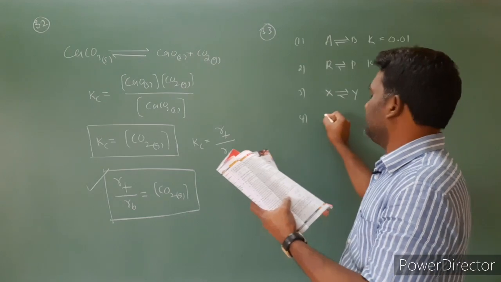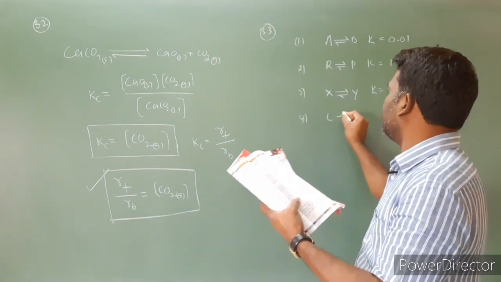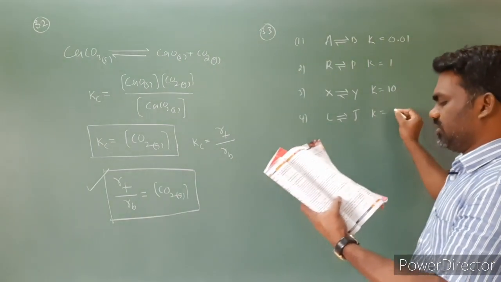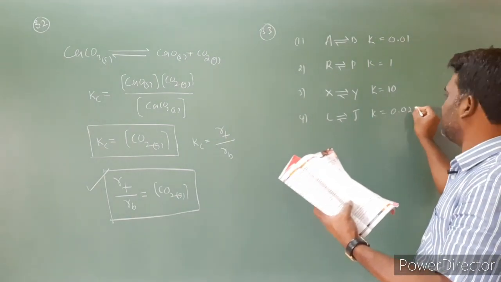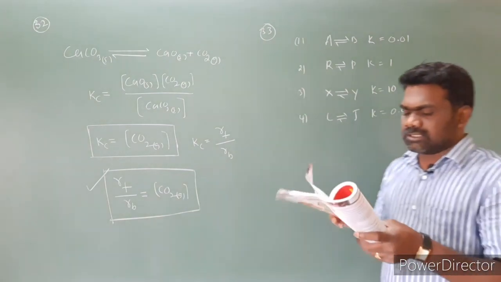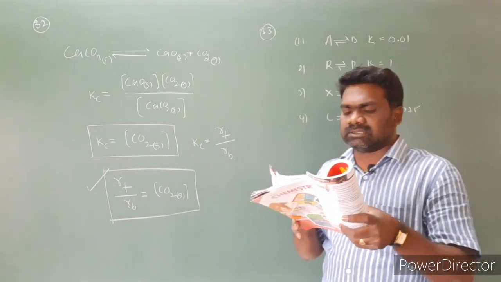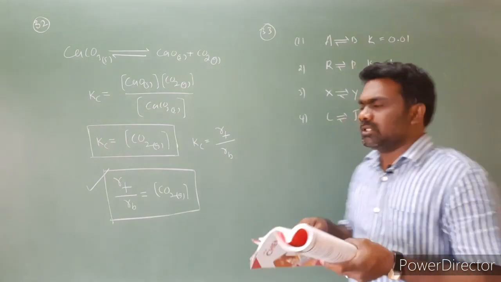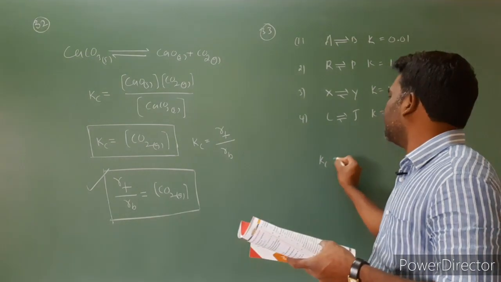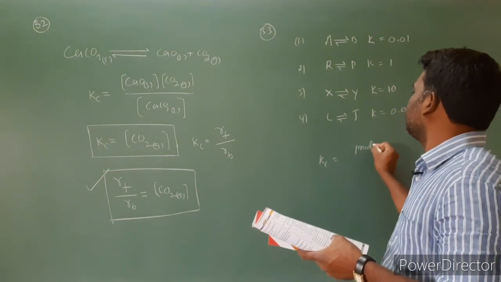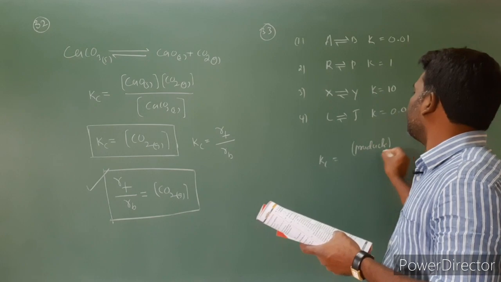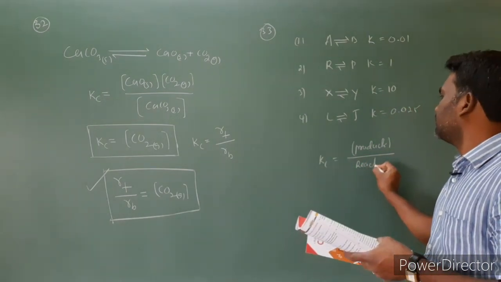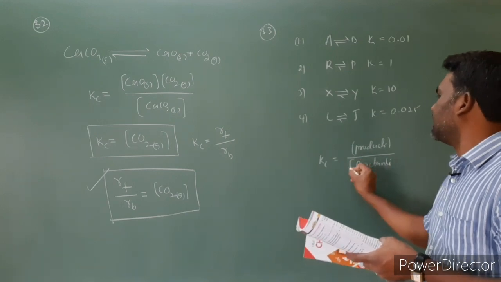And the fourth option, L gives rise to J, K is equal to 0.025. So the question is, in which of the following reactions is the concentration of reactants equal to the concentration of products at equilibrium? Kc is equal to the concentration of products divided by the concentration of reactants.